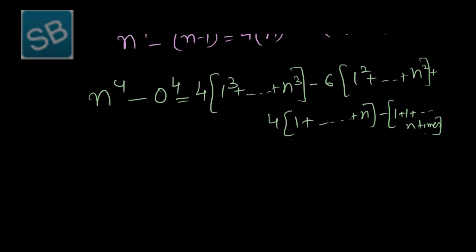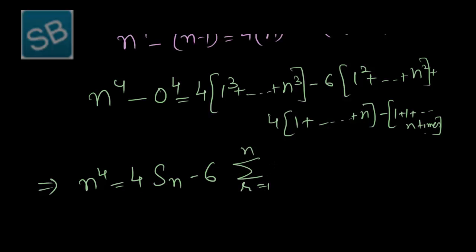So we get n raised to power 4 is equal to 4 times Sn minus 6 into summation r from 1 to n of r square plus 4 summation r from 1 to n of r minus 1 into n, which is n.